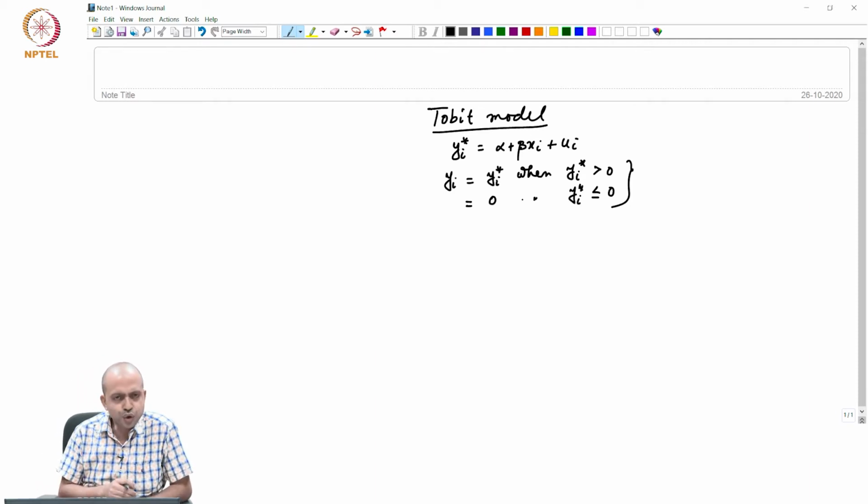There you basically require a truncated regression. The example we are going to discuss here is labor force participation by married women.